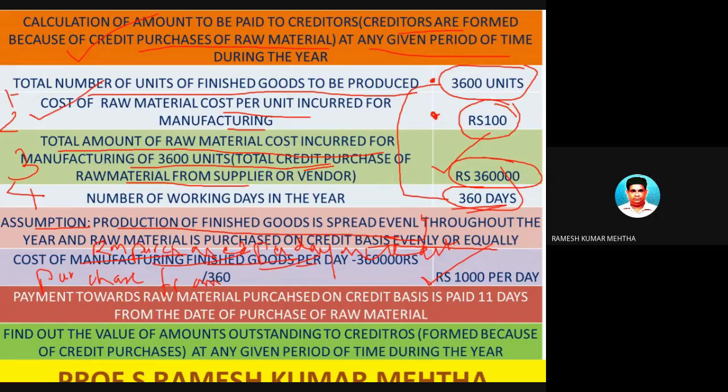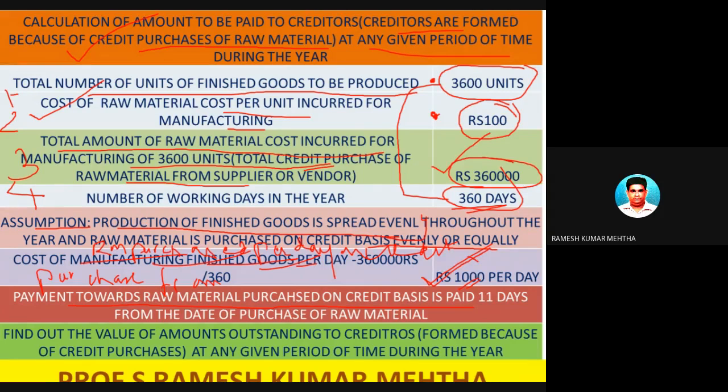So every day I have to purchase raw material of 1,000 rupees, which will be paid after a certain predetermined number of days. So let's look at how many days are allowed by the creditors as a credit period. Payment towards raw material purchased on credit basis is paid after 11 days.